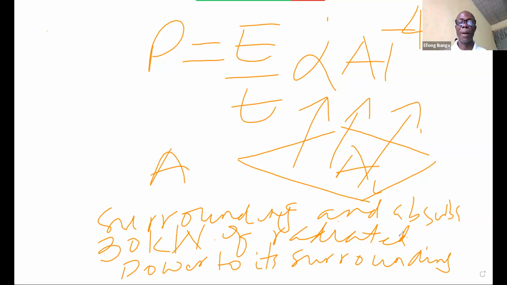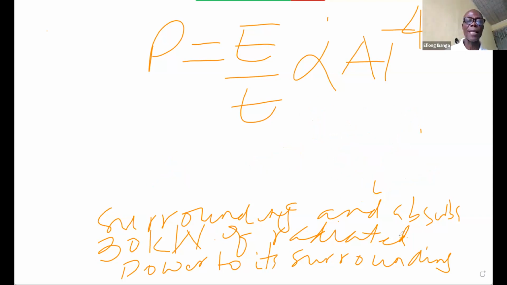Number two, that I am also radiating. So that's why we are saying that the energy per unit time that is radiated by a given surface is directly proportional.